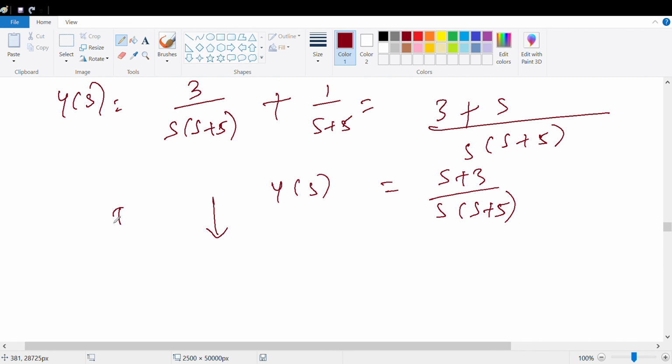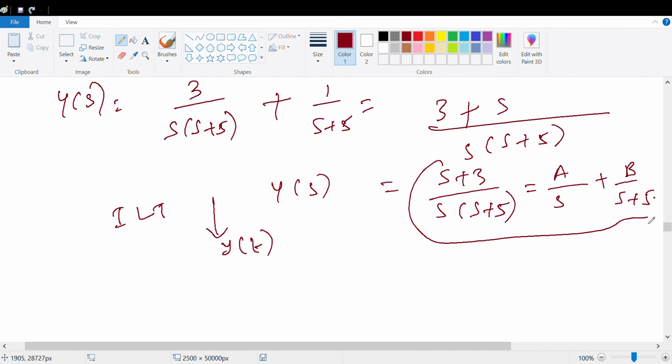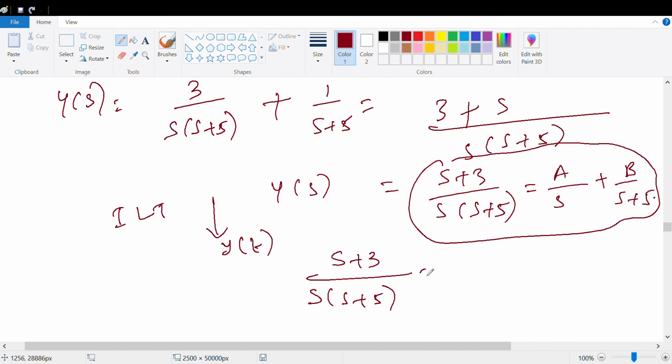Now we need to apply the inverse Laplace transform to get y of t. First of all, for this we need to convert this into partial fractions, meaning A by s plus B by s plus 5. If you write the whole function like this, s plus 3 by s into s plus 5 equals A into s plus 5 plus B into s, by s into s plus 5.